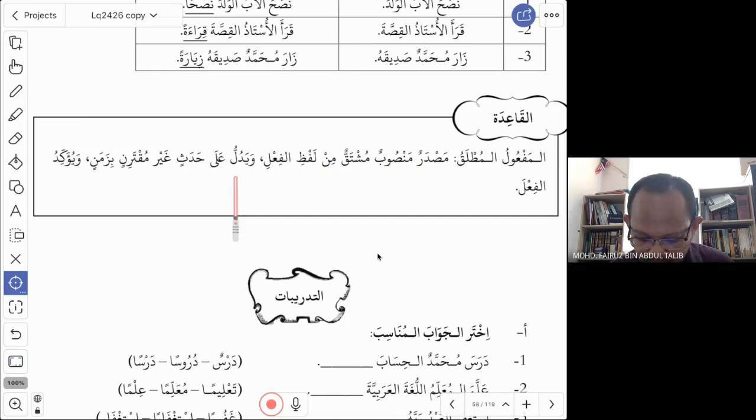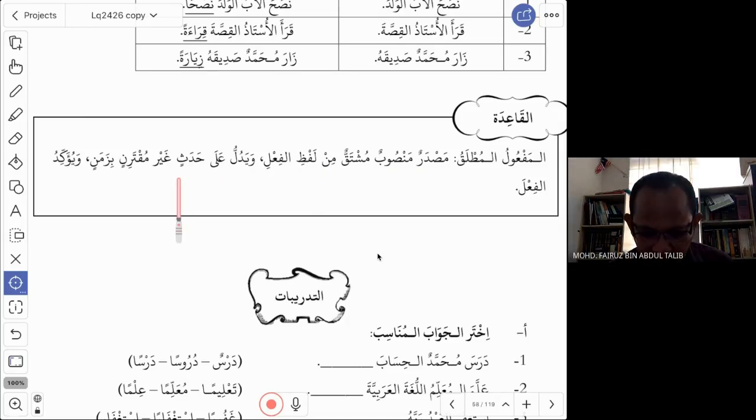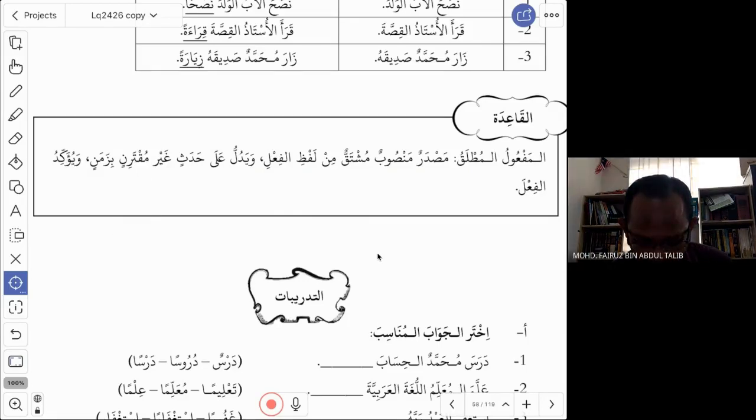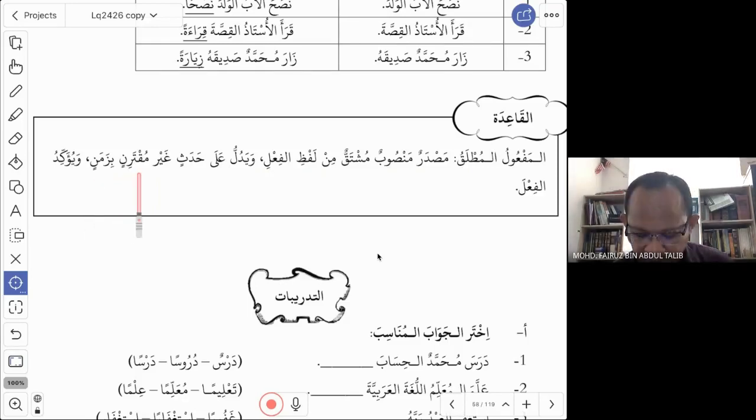A verbal noun shows an action, hadas, an action, غَيْرِ مُقْتَرِنٍ, ghairi muqtarinin, without being related to zaman, to time.